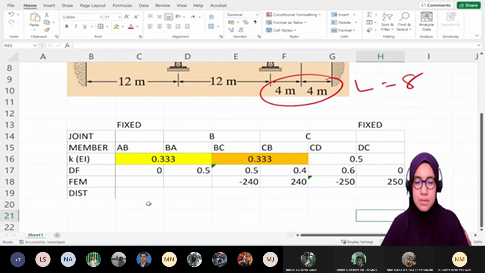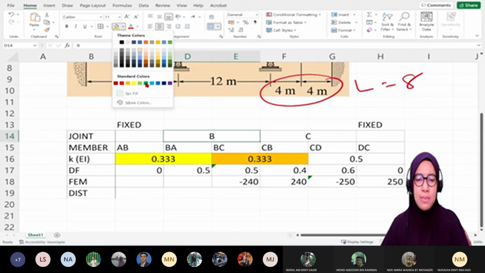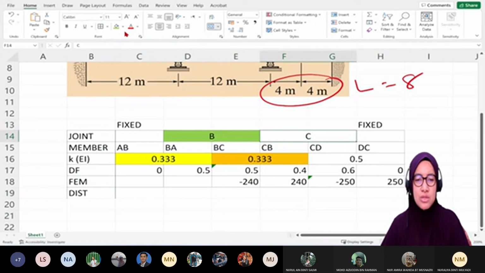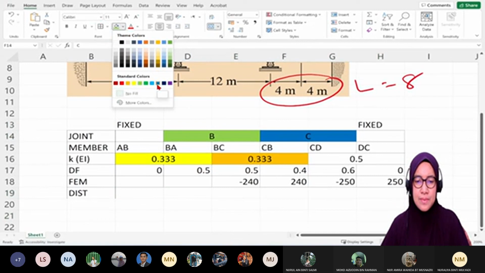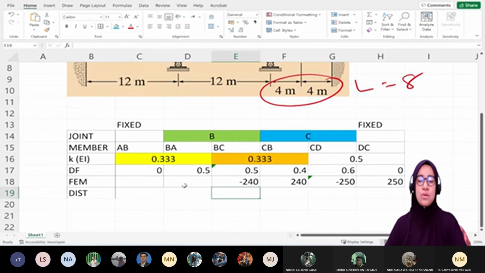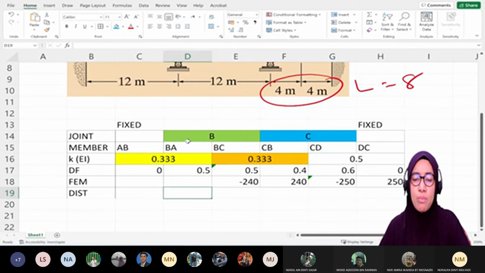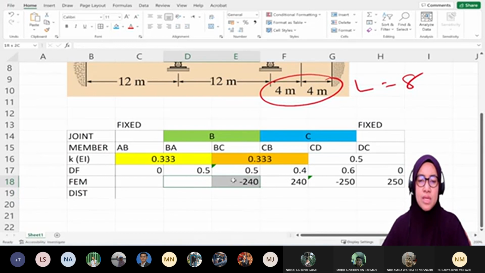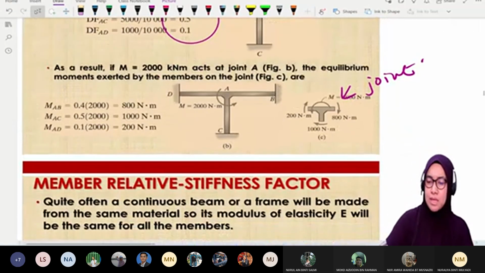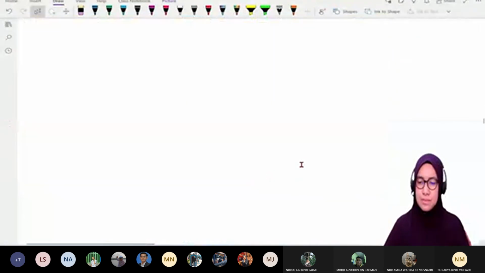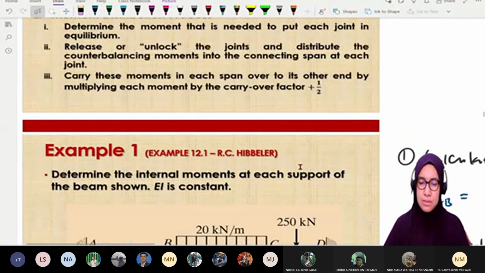Here is joint B. This is joint B, this is joint C. So joint moment means the total, represented by this diagram from before. Where is my diagram from earlier? One moment. This one.